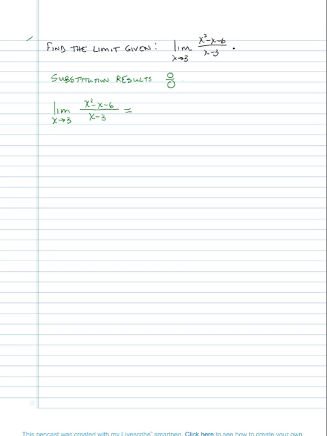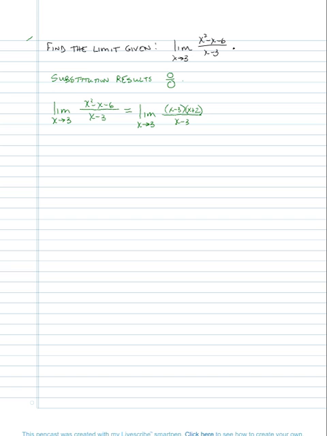When we made a graph of this limit previously, we recognized that we could simplify this fraction. We're still finding the limit of this expression, and all we're doing is factoring the numerator. When we factor the numerator, we get x minus 3 times x plus 2, divided by x minus 3.